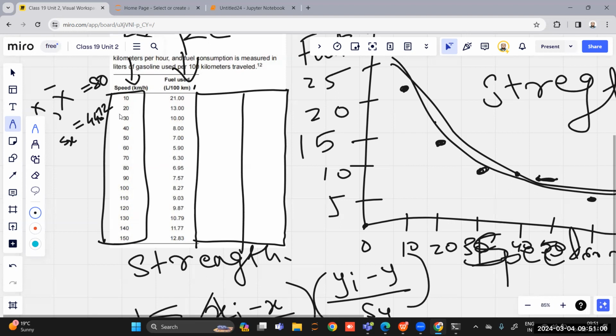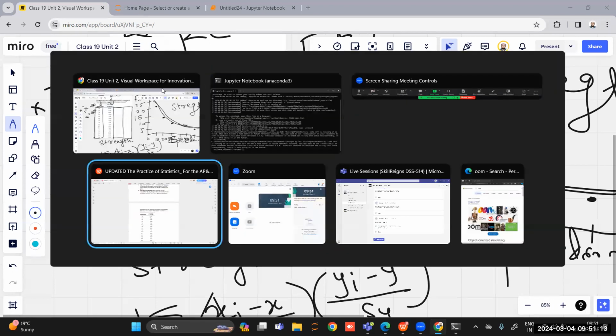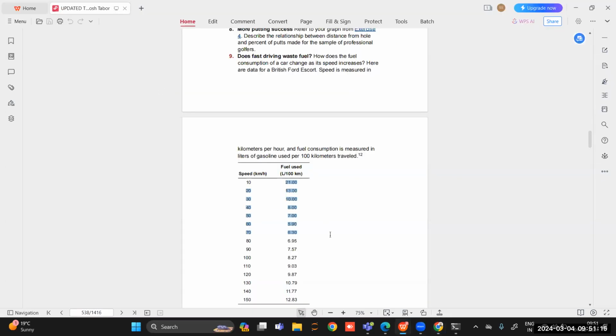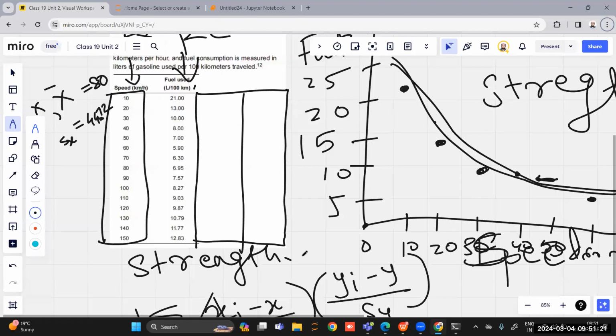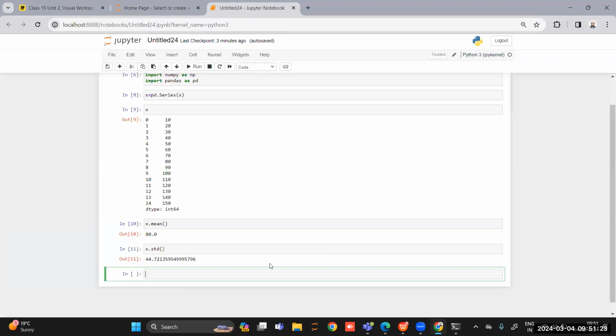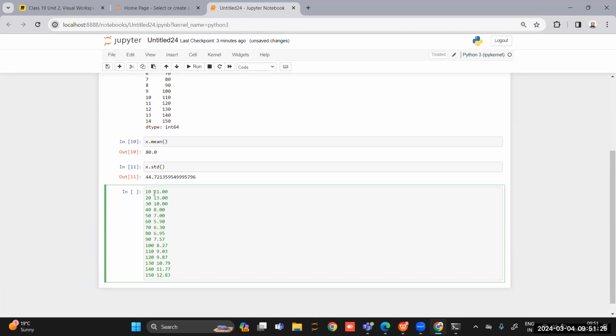That's the thing. Okay, so we'll load y also.